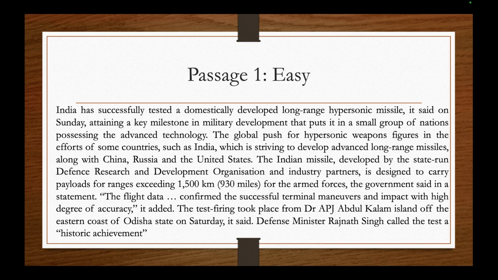The Indian missile, developed by state run DRDO, that stands for Defense Research and Development Organization, and industry partners, is designed to carry payloads for ranges exceeding 1500 kilometers, that is 930 miles, for the armed forces, the government said in a statement. The flight data confirmed the successful terminal maneuvers and impact with high degree of accuracy, it added.